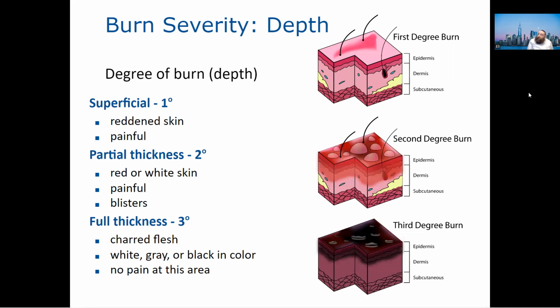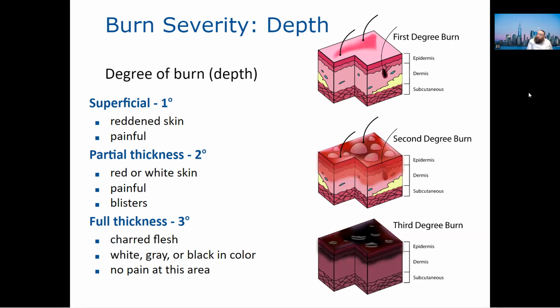Simple. 2nd degree burn. 2nd degree burn known as a partial thickness burn. And this is characterized by blisters. Blisters, big, white, ugly blisters on the skin. Now the blisters may have popped, but they were still blisters, and that's still a 2nd degree burn.